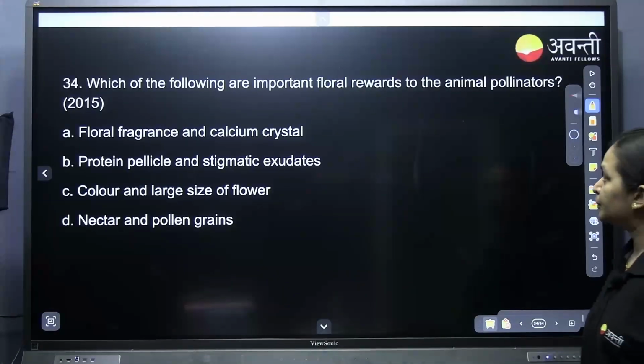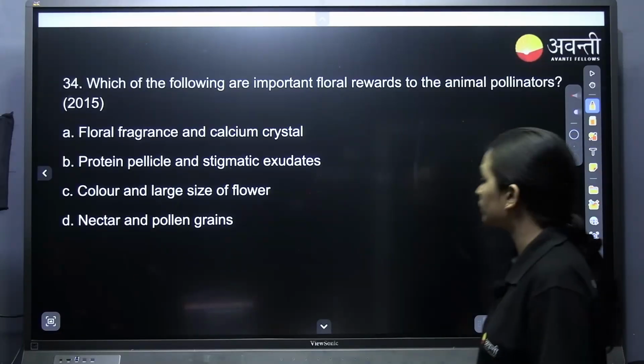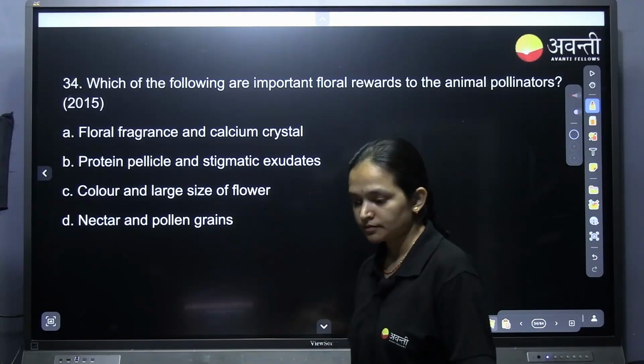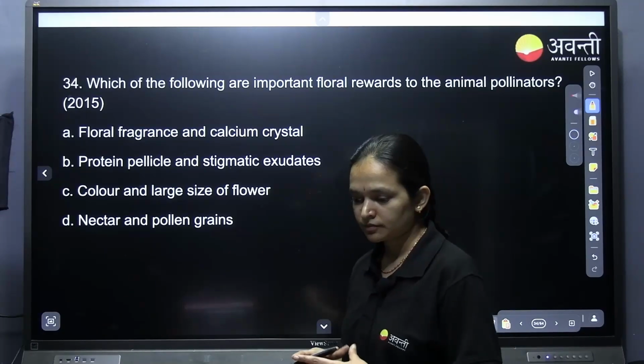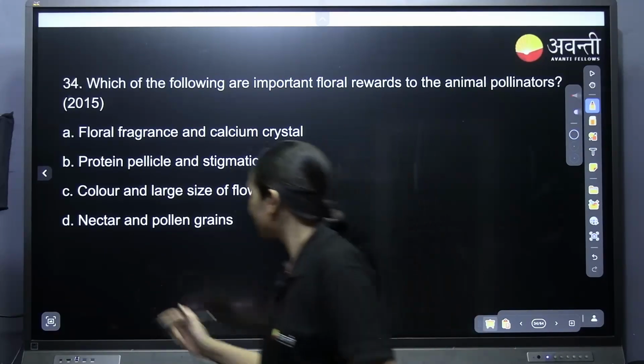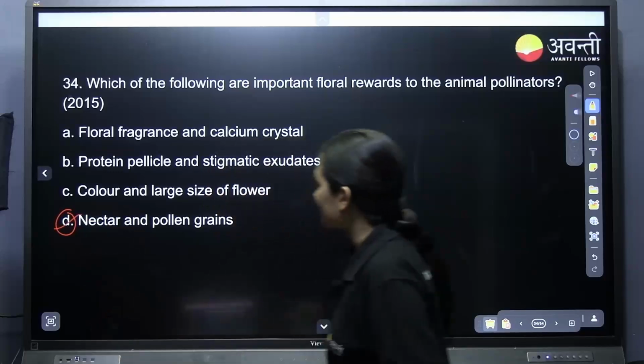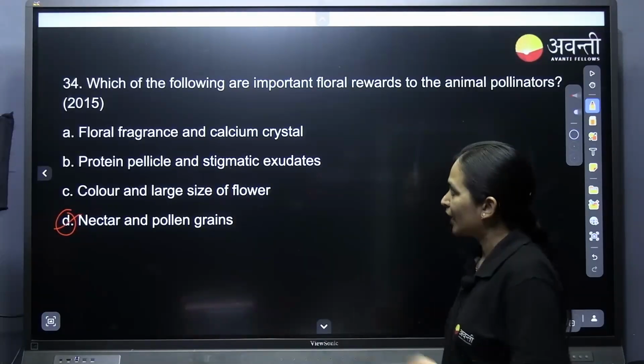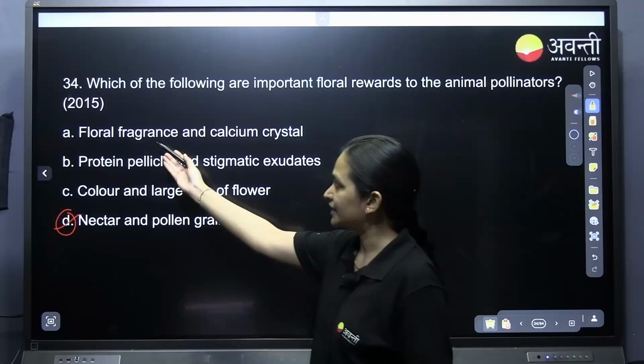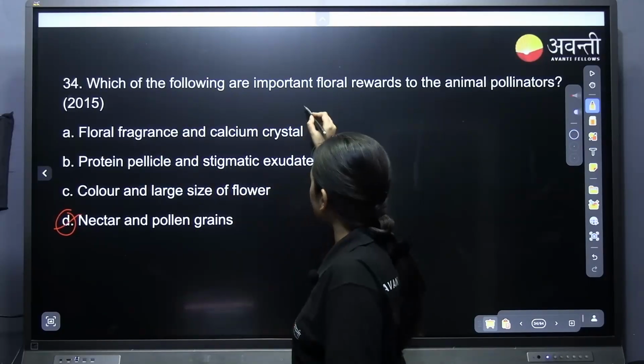Which of the following are important floral rewards to animal pollinators? Nectar and pollen grain. Why not the others? Floral fragrance is to attract insects.